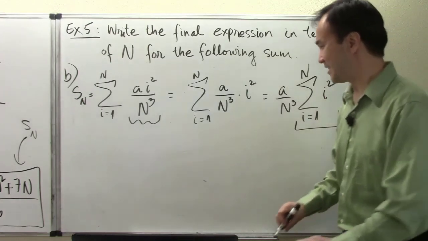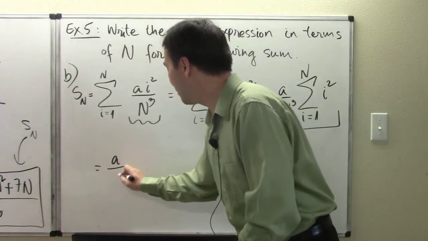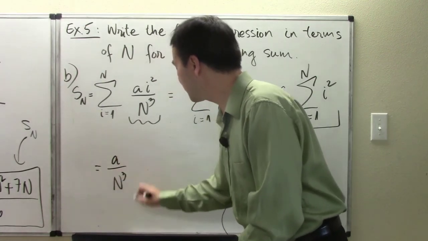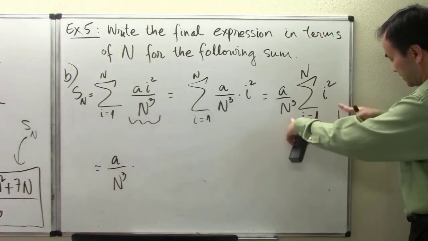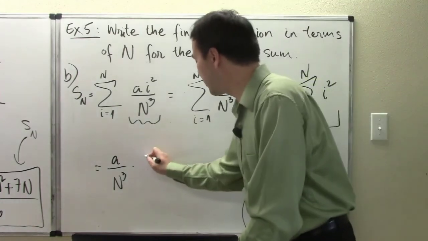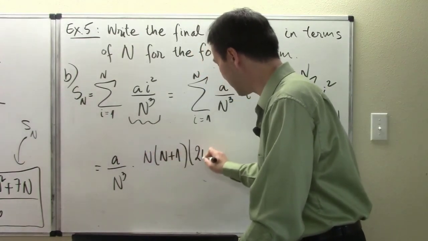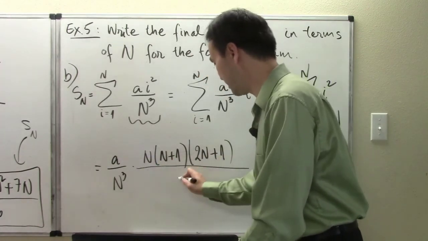So now I'm looking at a over n cubed, multiplied with the summation indicated underneath the square brackets here, which gives me n times n plus 1 times 2n plus 1, and we're dividing that by 6.